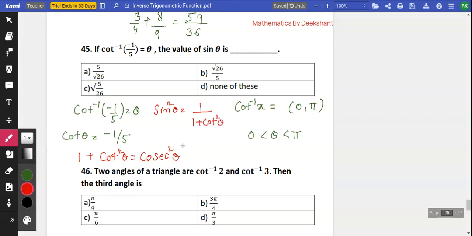By putting the value of cot theta and solving, 1 upon 1 plus 1 upon 25 becomes 25 upon 26, so sine theta becomes 5 upon square root of 26. So the correct answer is option A.